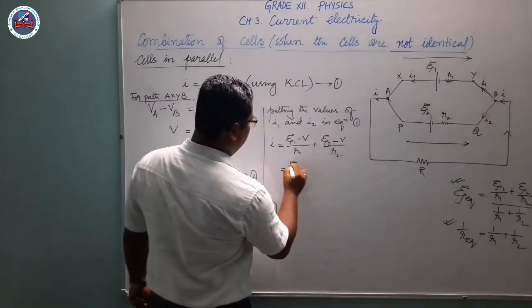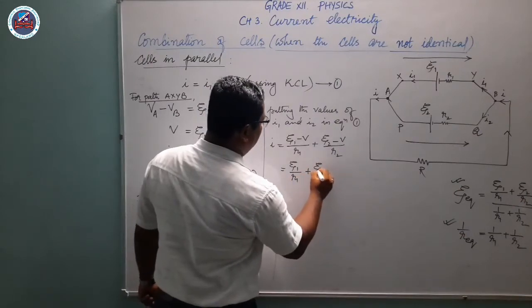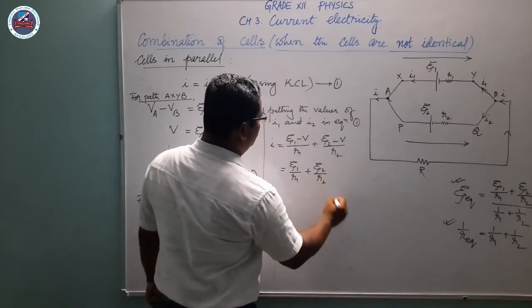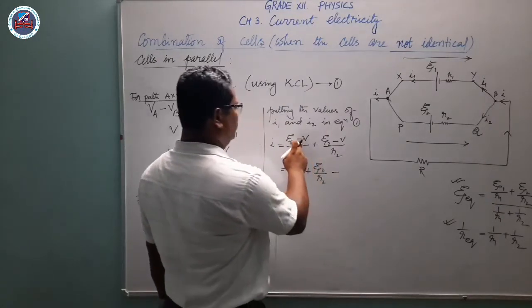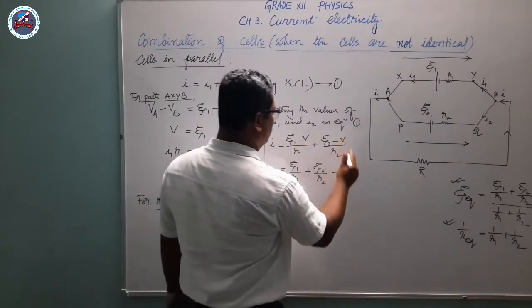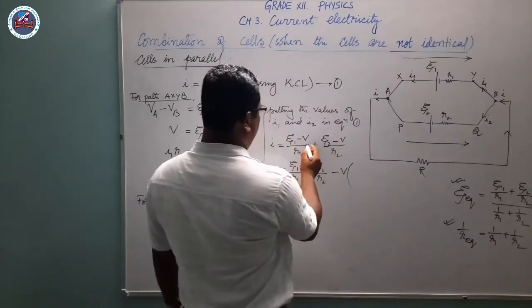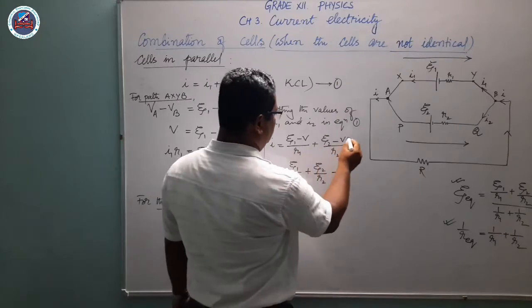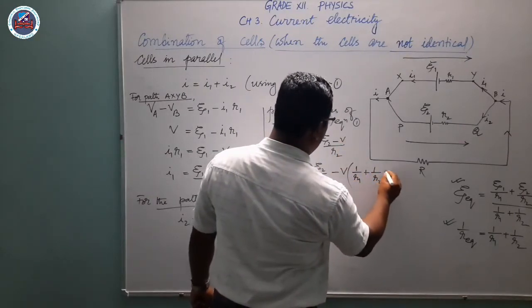Now let us separate them into parts: epsilon 1 by R1 plus epsilon 2 by R2, minus, here both are minus, V is common, so I am taking V common, 1 by R1 plus 1 by R2.